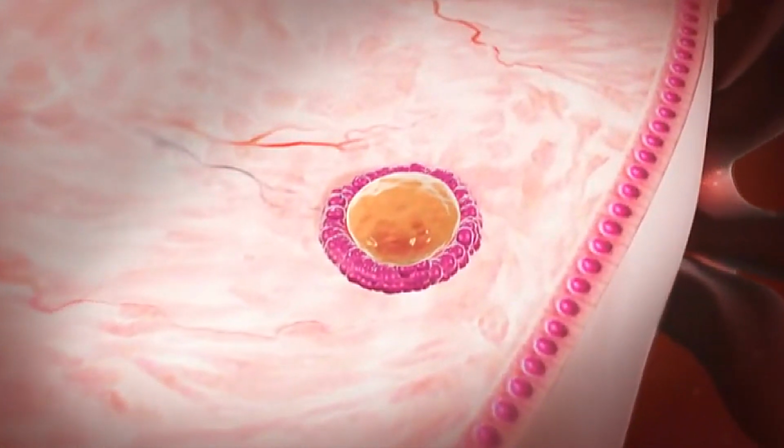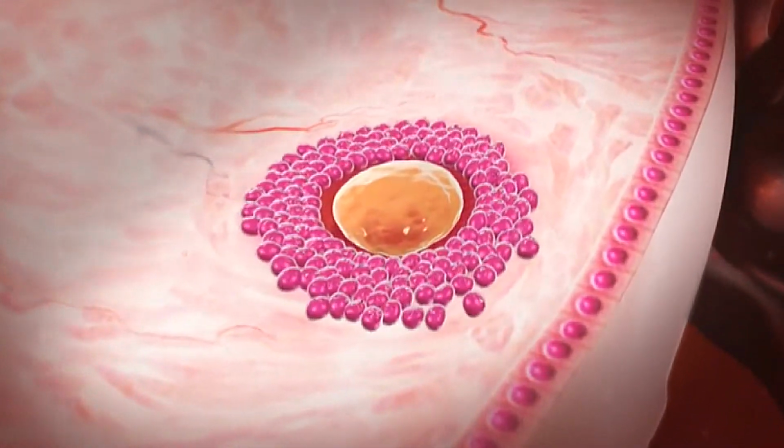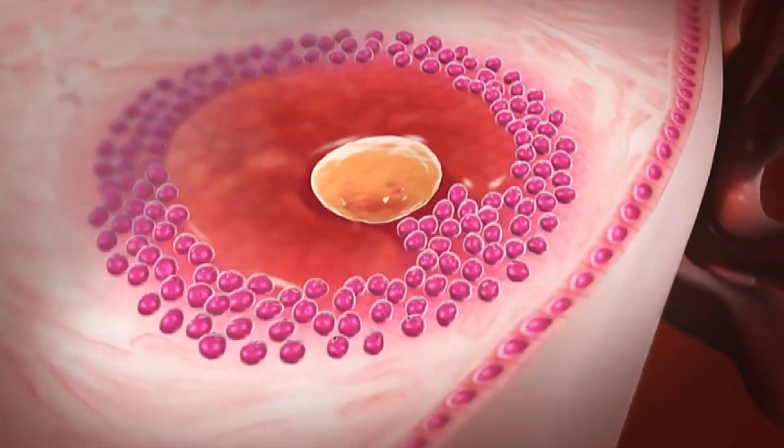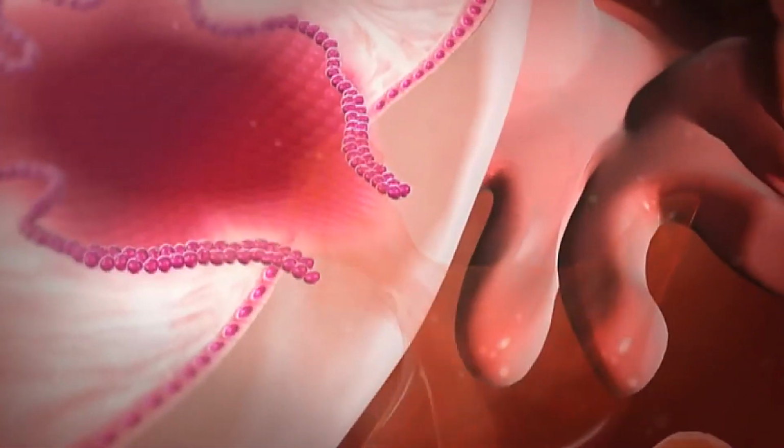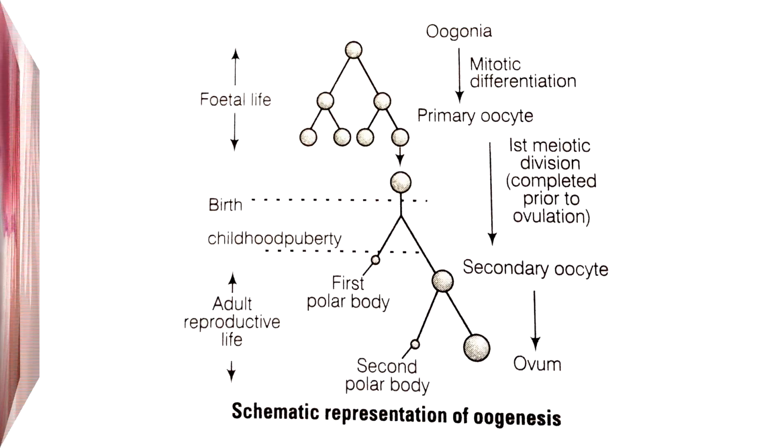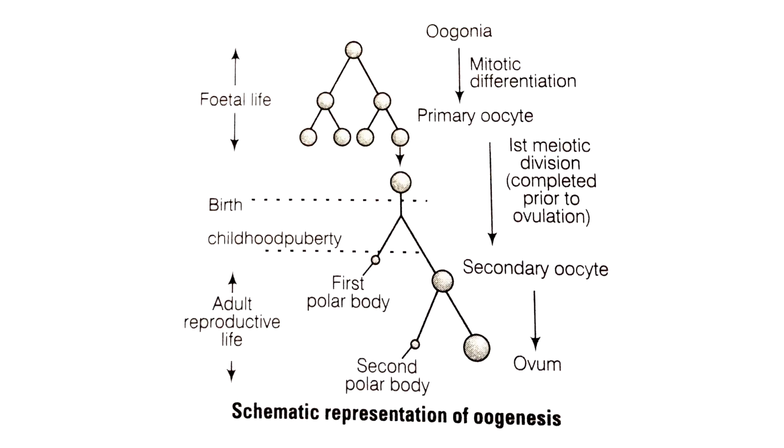These secondary oocytes again undergo second meiotic division to form an ovum. The ovum is released from the Graafian follicle during the menstrual cycle. The release of ovum from the Graafian follicle is called ovulation. Ovulation is controlled by the female reproductive hormones, which are stimulated by the pituitary gland.